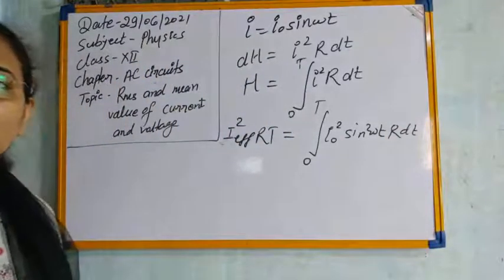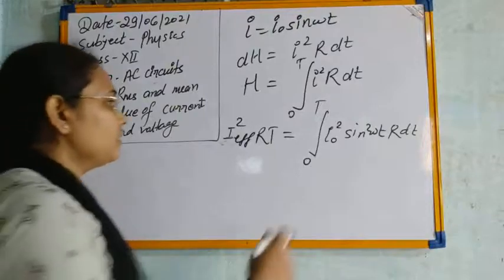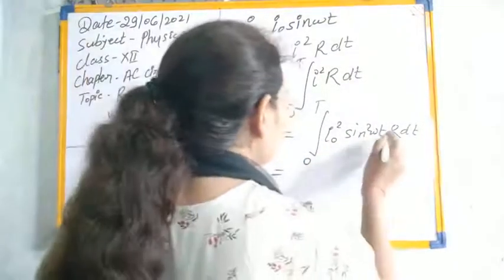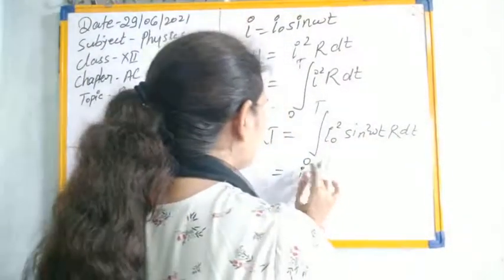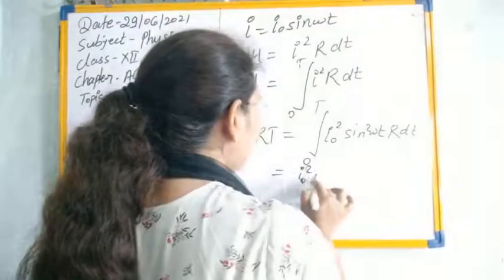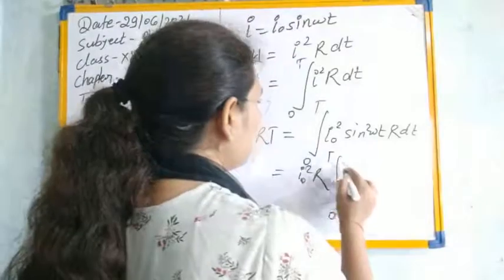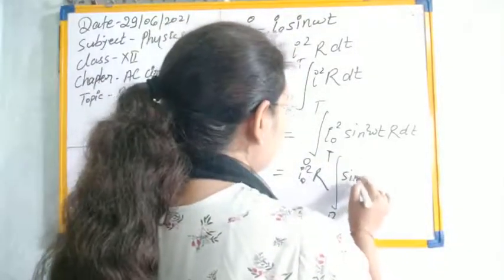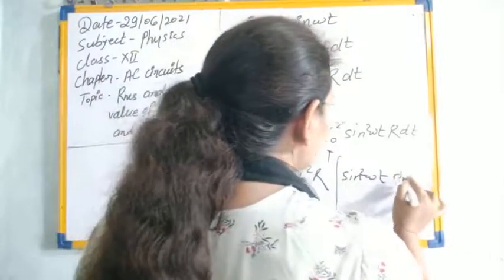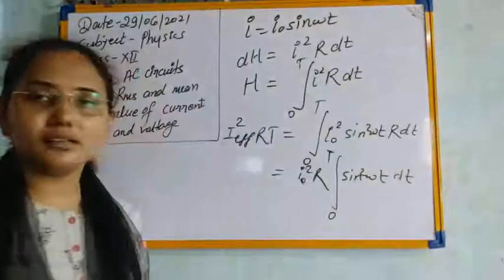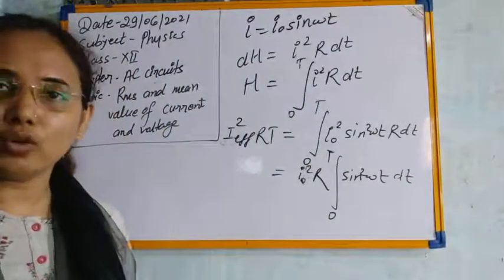Now in the next line we have to solve this. Before solving, you can take the common factor, I0 square R, and finally we write the integral from 0 to T of sin square omega t dt. So let's integrate sin square omega t here.